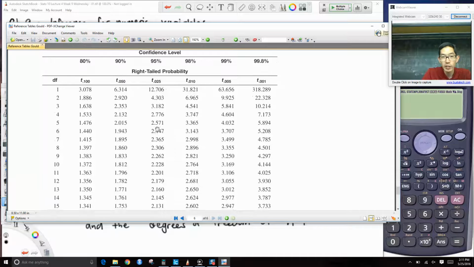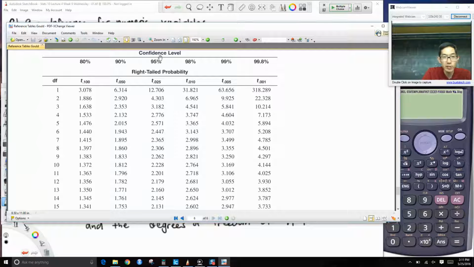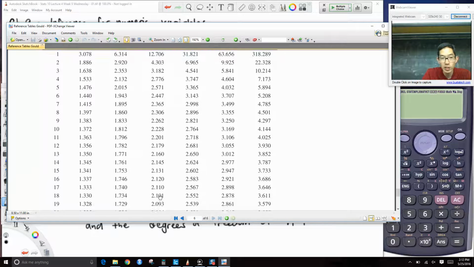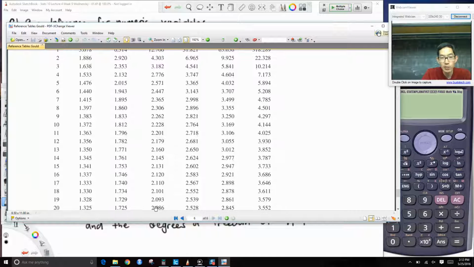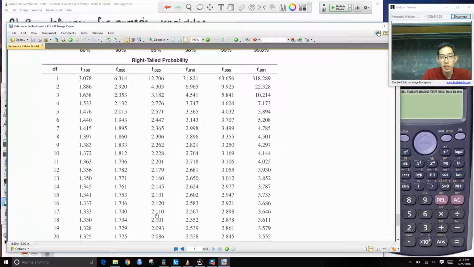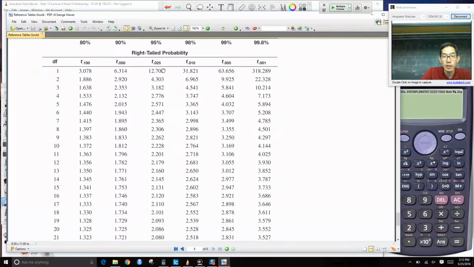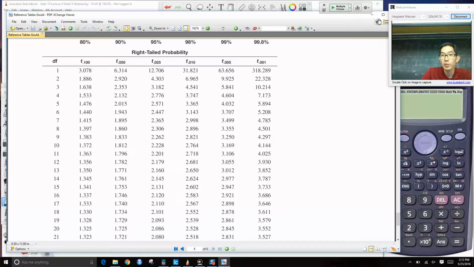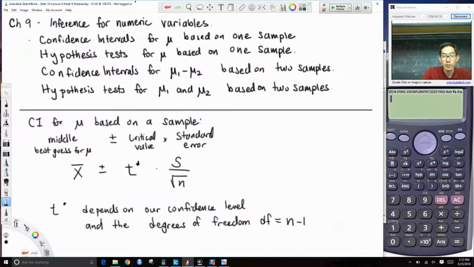Then I look at the column at the top where it says confidence level, and I would see 95%. At 95% in that column, and 20 degrees of freedom, the value I use is 2.086. Do we see that? I hope. 2.086.